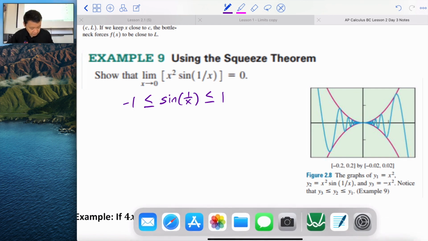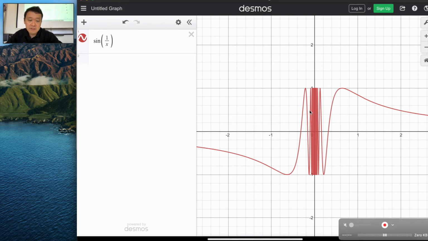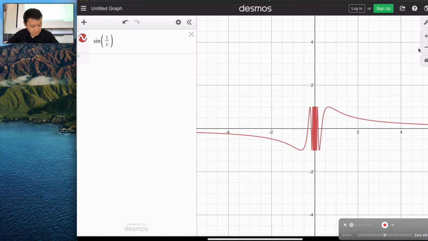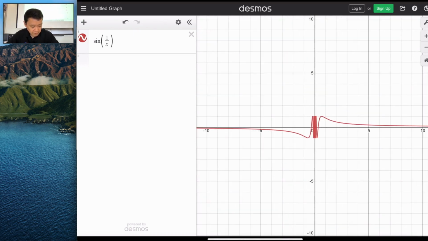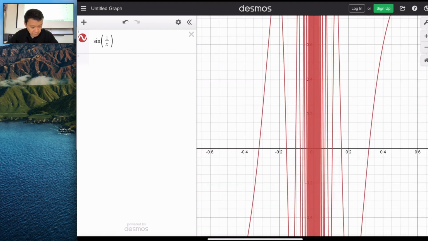I could illustrate this with decimals right here. Sine of 1 over x, no matter what the x value is, the y value, the output, has to be in between -1 and +1, even as x approaches 0 right there.